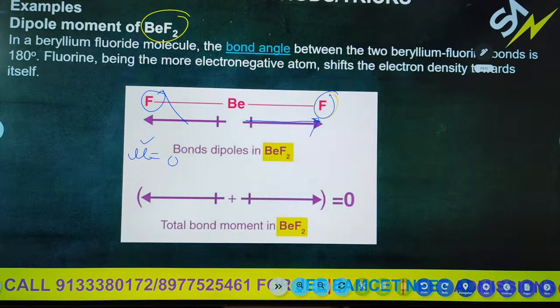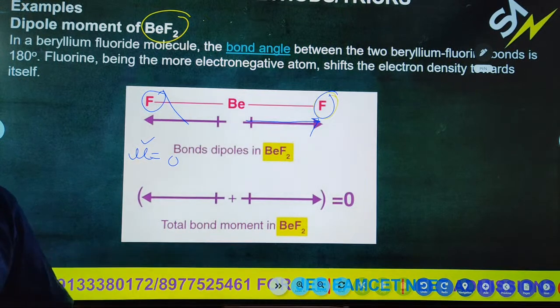One more explanation: even though there is an electronegativity difference between beryllium and fluorine, due to symmetry, beryllium difluoride is a symmetrical molecule, so its dipole moment is also 0.